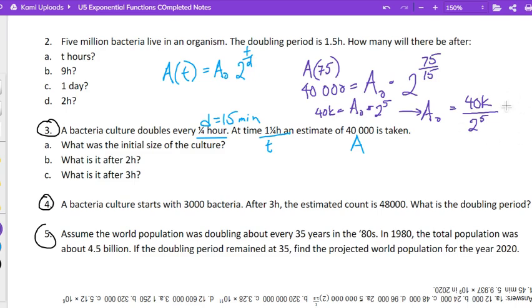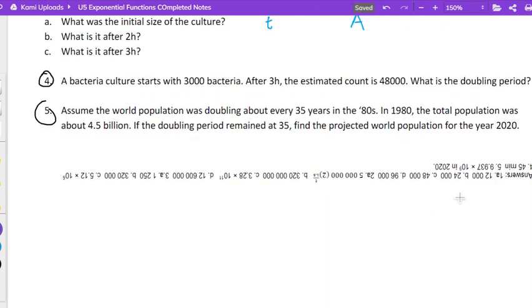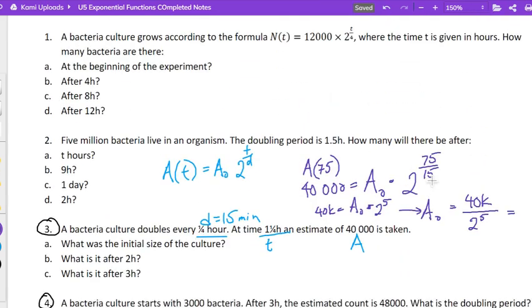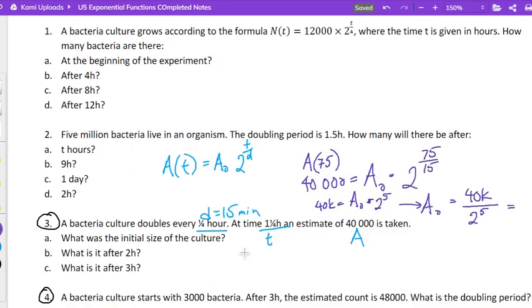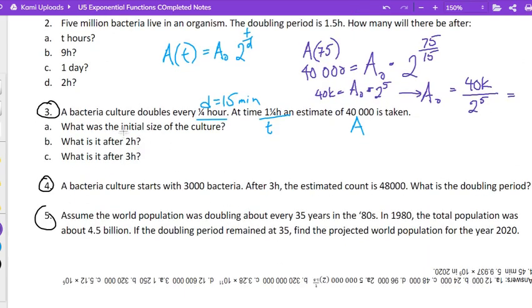We found the A naught. Then for question B and C, they're asking what is the population at 2 hours and 3 hours. To solve this, you have to use the original amount that you solved for in A.